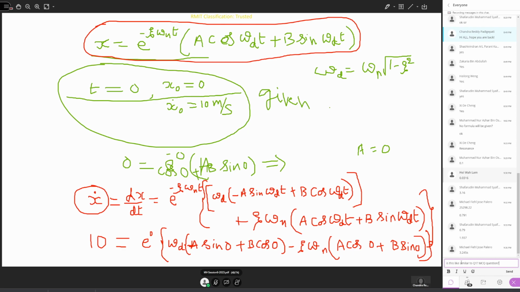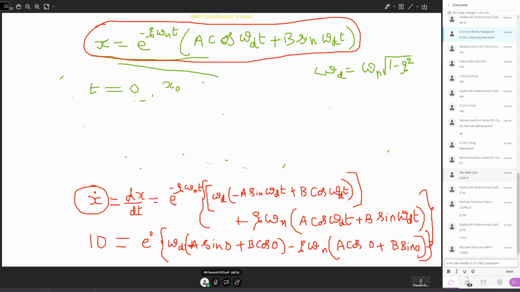When you simplify this expression, exponential power 0 is 1, anything to the power of 0 is 1.